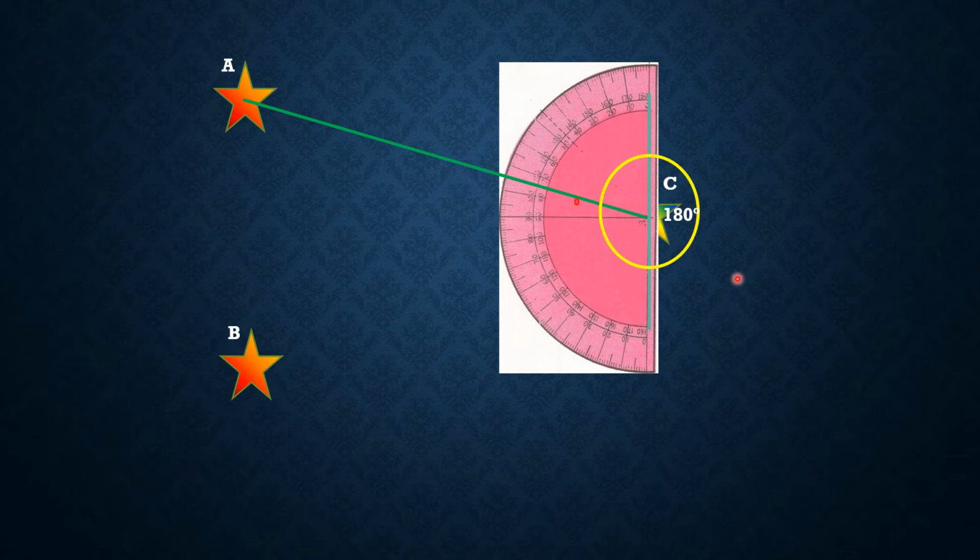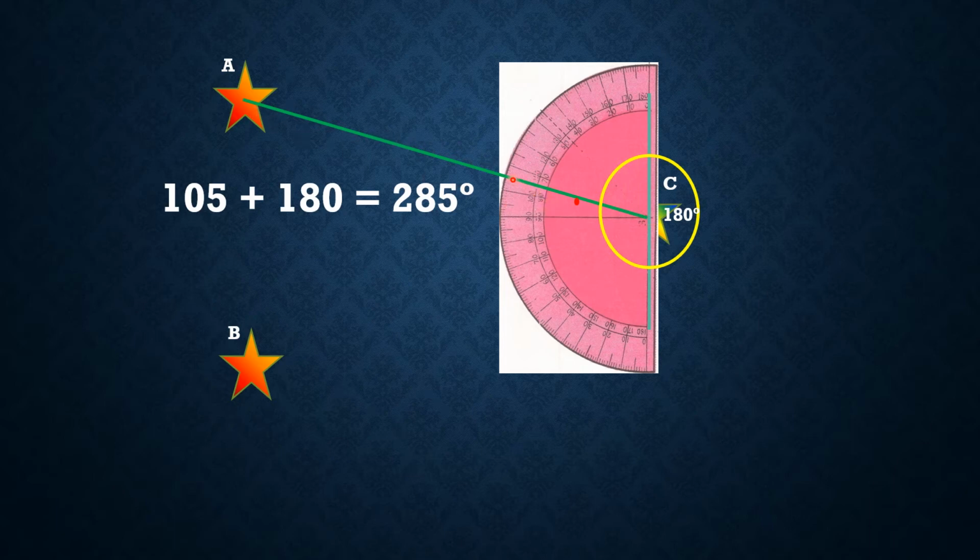So we're going to say 105 plus 180 degrees should give us approximately 285 degrees. And that is the bearing of point A from point C. Again, all we have to do is find out how many degrees on the protractor the line that connects point C to point A passes.